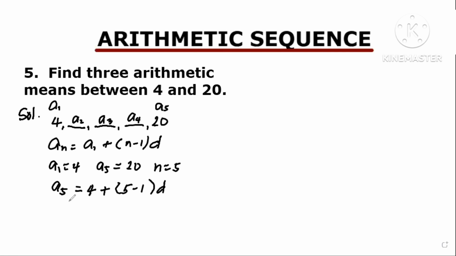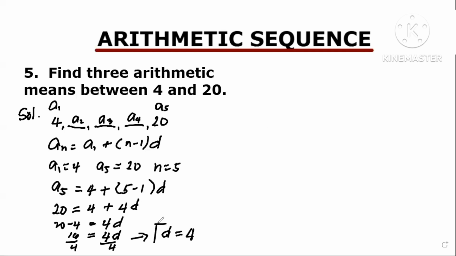Now, since a sub 5 is equal to 20, 20 is equal to 4 plus 5 minus 1 is 4d. Then transposing 4 to the other side, we have 20 minus 4 is equal to 4d. 20 minus 4 is 16 equals 4d. Then dividing both sides by 4, so d is equal to 4.